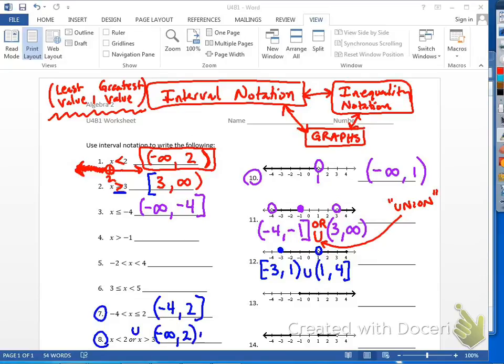Parentheses, and I'm going to put a union here, and I'm going to union with all the values that are greater than 3. So I'm going to start with 3, and I'm going to go up until infinity. So with the infinity, I use a parentheses. What do I do with this 3 here? Parentheses. Okay, if it was greater than or equal to, then I would use a bracket. Does everybody understand this?